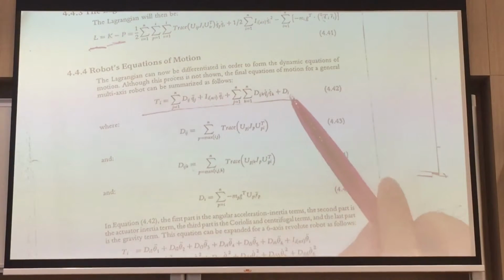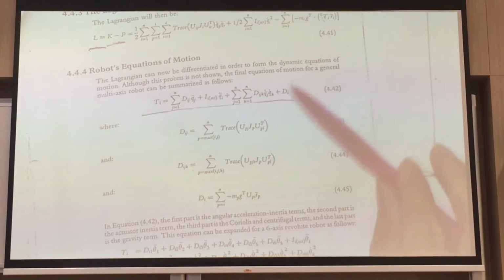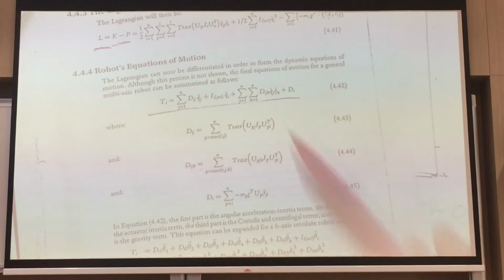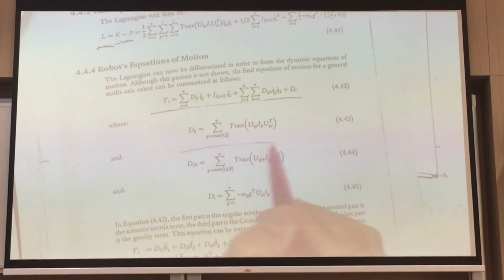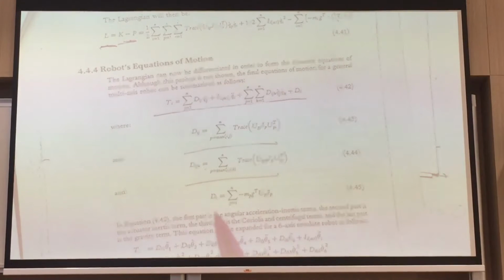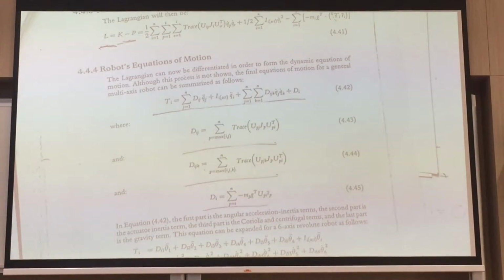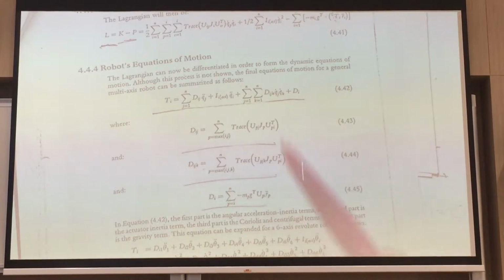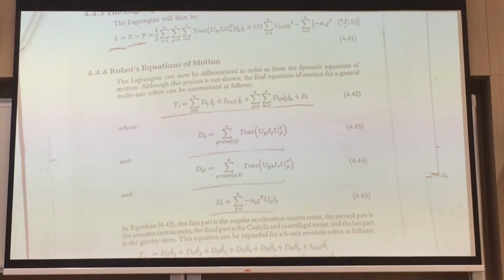So when you see this equation, if you work in this field in the future, then you know what this is. And why you are seeing the trace term, the U term, the J term, what each of them means, you have to understand. But I just show you this is the final robot equation of motion.